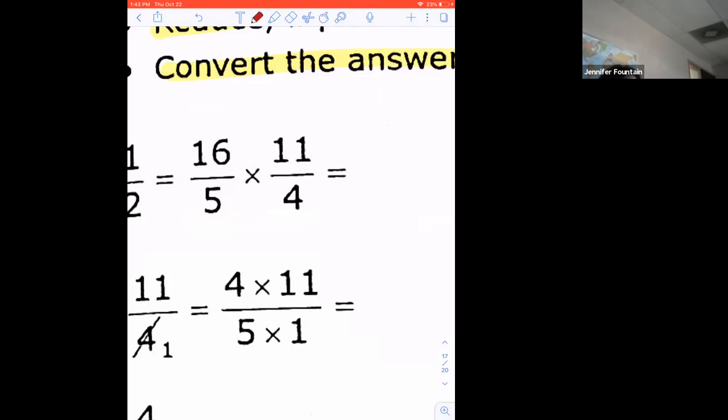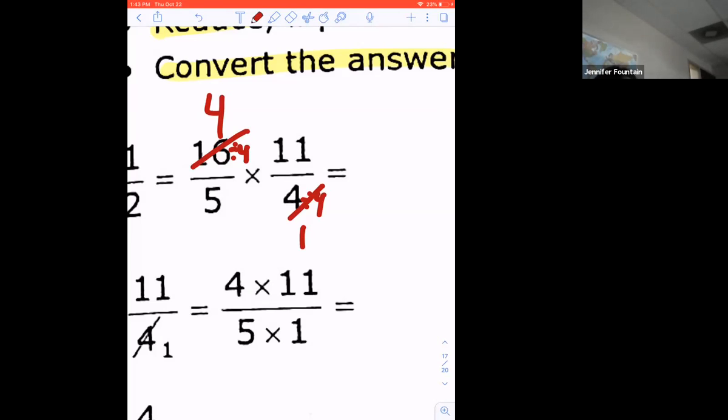I know that I can divide both of them by 4. So 16 divided by 4 is 4. And 4 divided by 4 is 1. So now it's going to be a whole lot easier to multiply 4 times 11 versus 16 times 11. So that's the benefit: below us we have 4 times 11 over 5 times 1.